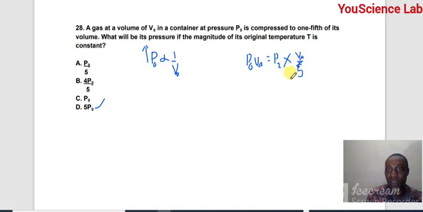So from here, if you cross multiply, you see that this will cancel out this, and when you cross multiply, you see that P2 is equal to 5 P0.